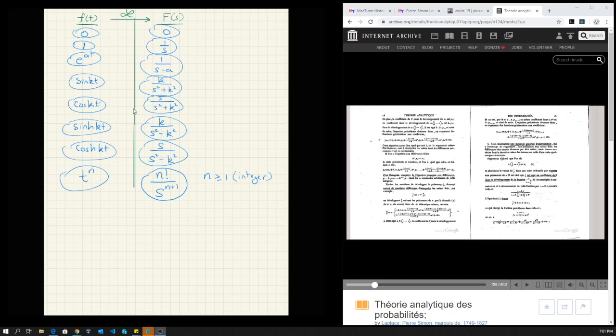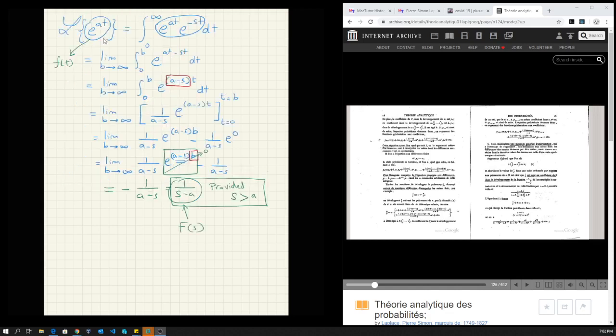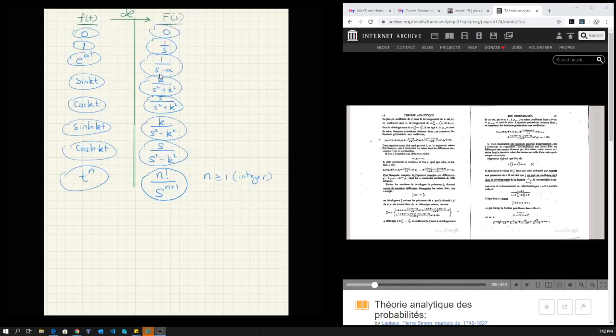Just do one of those to help you see the mechanics of it. But after that point, you're not going to find yourself having to do this at all. We can just use these as shortcut rules to help us. And we use some of the properties, like the linearity properties. Okay, so that's what we're going to focus on.